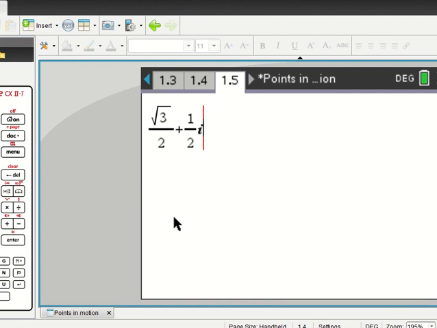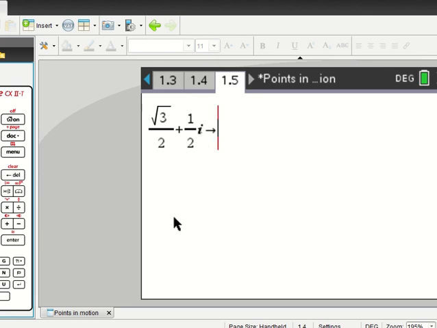Now, the store command. It's red on my calculator. So I have to use the control key followed by the store command, which is right above the variable key. STO with an arrow, and that's my store.